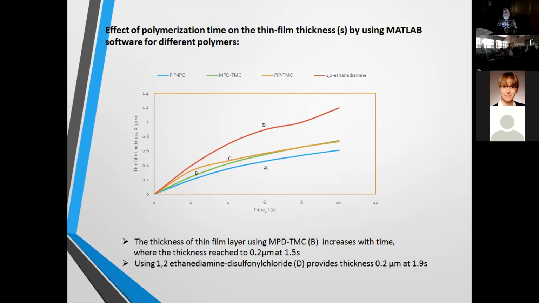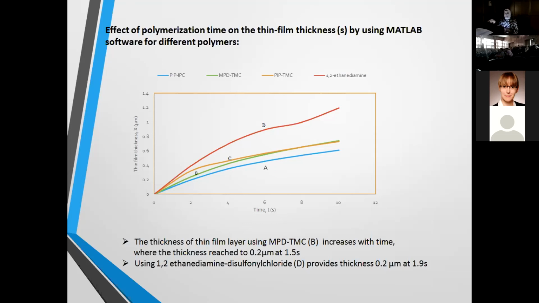We found that the thickness of the thin film of m-phenylene diamine with trimesoyl chloride, which is curve B, increases with time, and the thickness will reach 0.2 after 1.5 seconds.